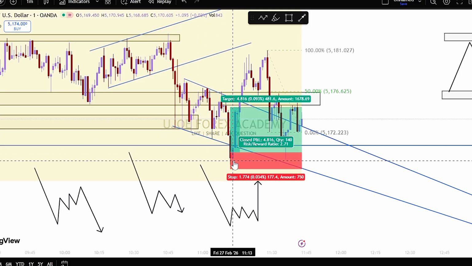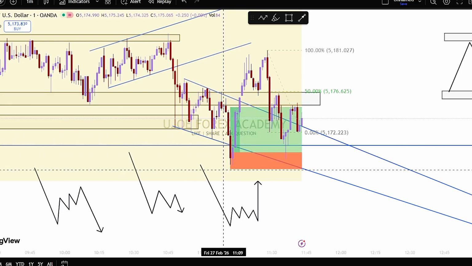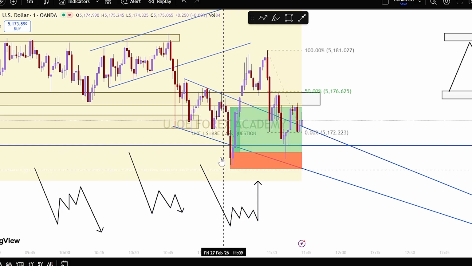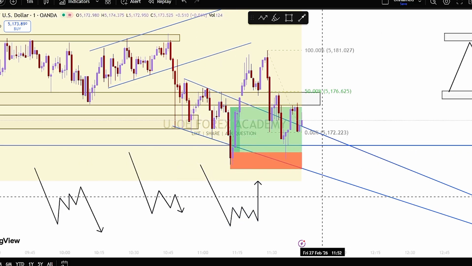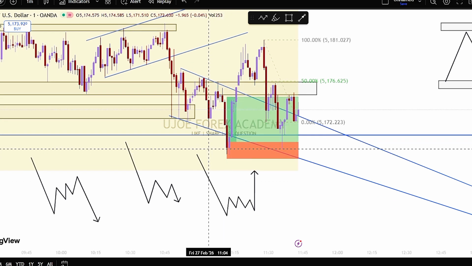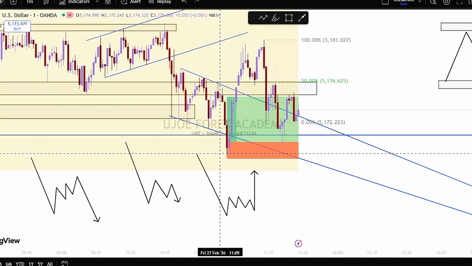And so I just waited for price to break through this particular trend line, which in this case is one of our zones. This particular breakout now becomes a 30 body suit. For those of you who don't understand what 30 body suit is, I made a video on it.